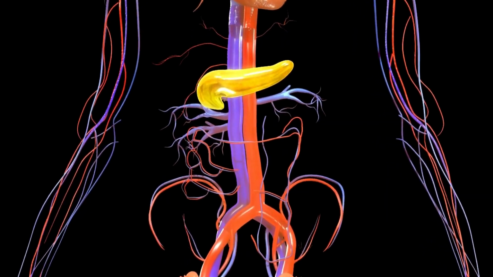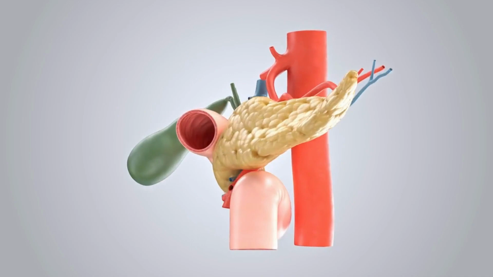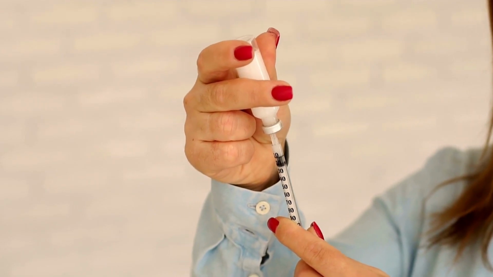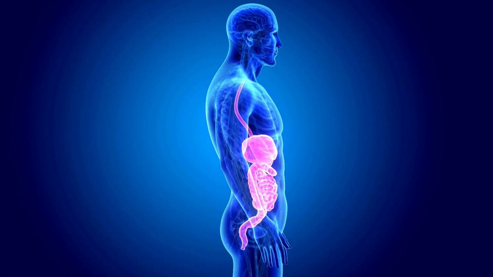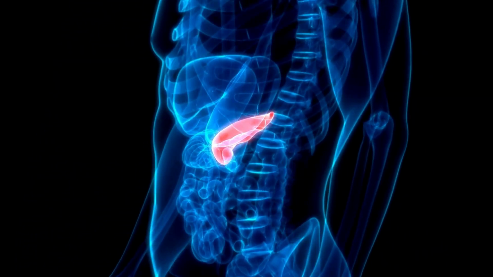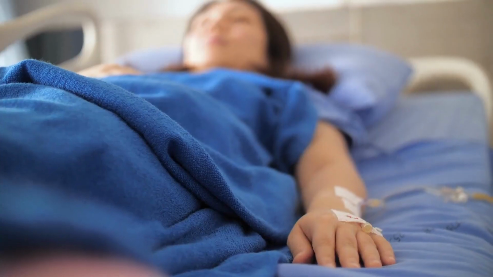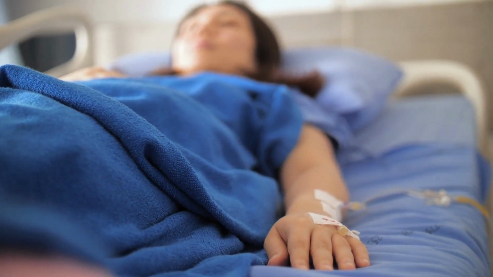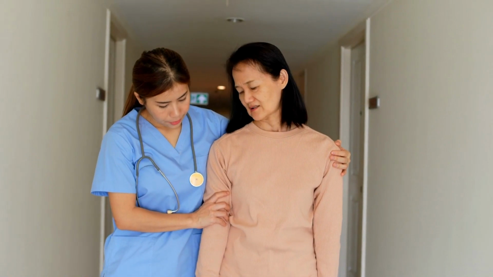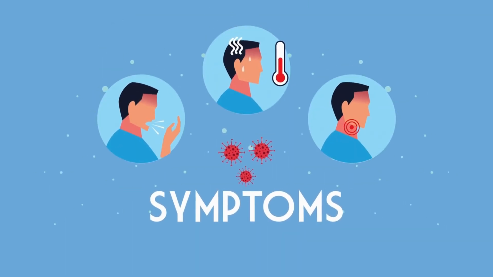The pancreas, being a vital organ, has functions beyond just insulin regulation, such as producing digestive enzymes. Any disruption to its function can have cascading effects on the body. It's crucial for patients to be proactive about their health, and if symptoms arise, not to dismiss them as minor inconveniences.